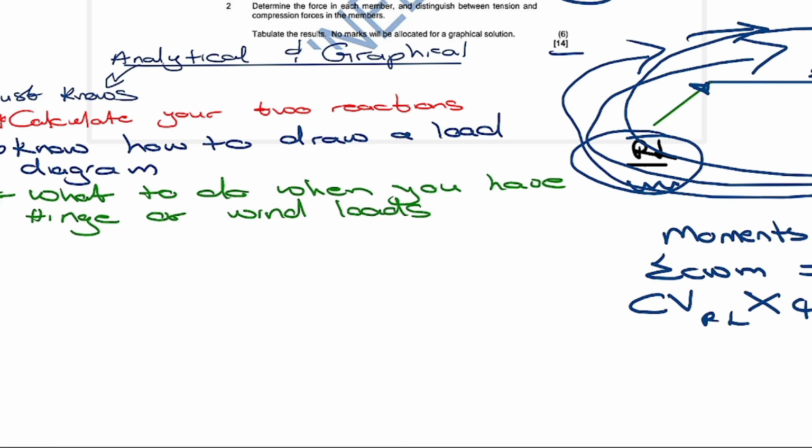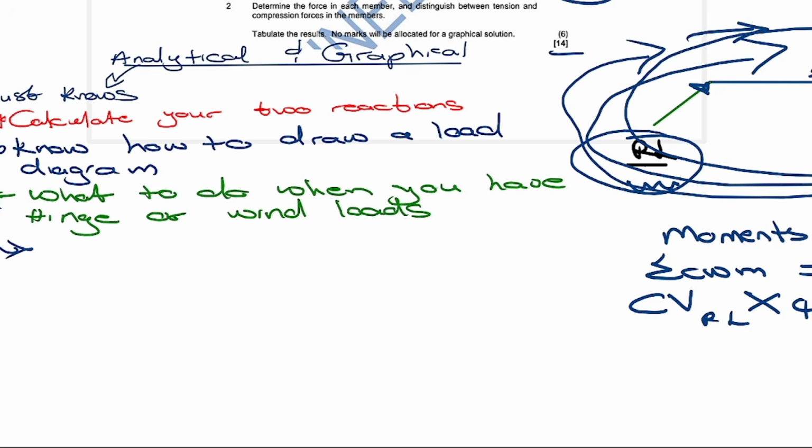So this is what you will need to know when it comes to this. What to do when you have a hinge or wind loads: you have to separate them into the different components.